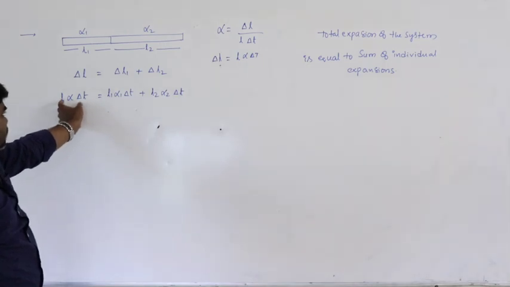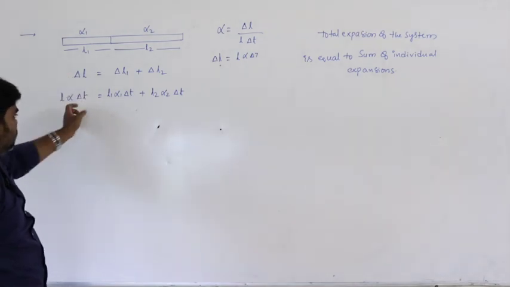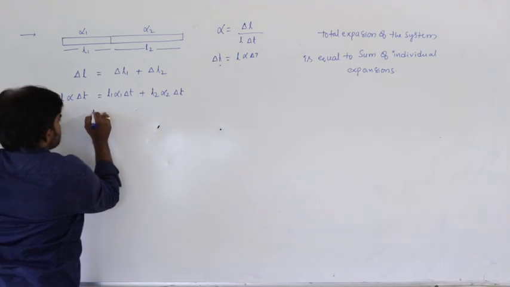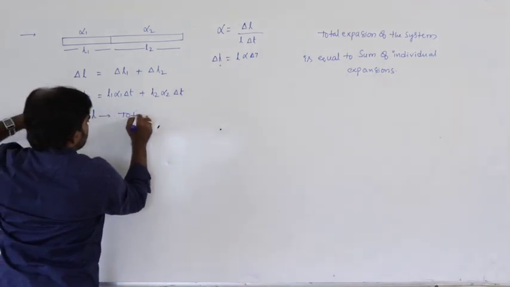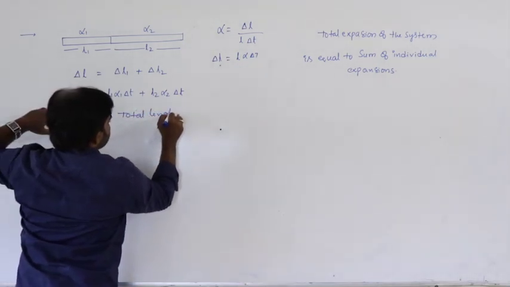Here L alpha delta T is delta L, and L is the total length of the system.